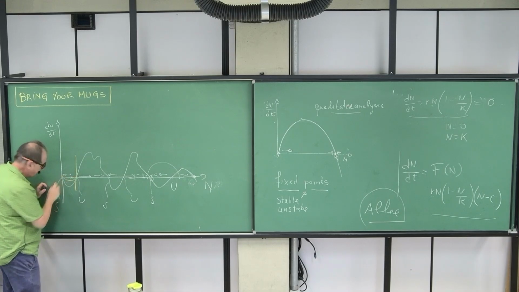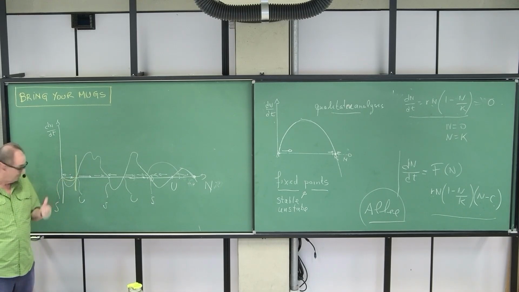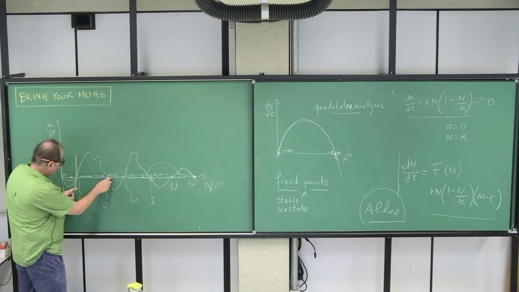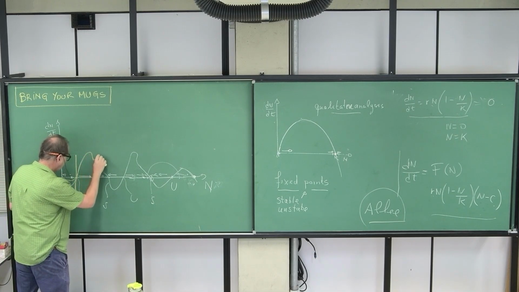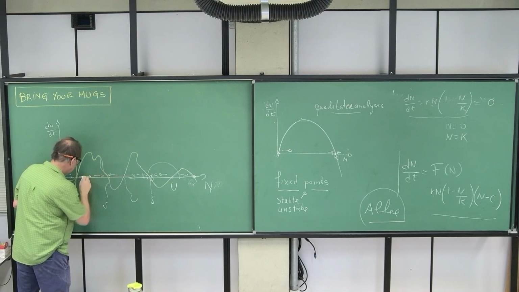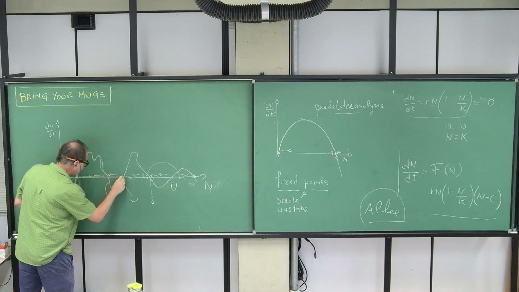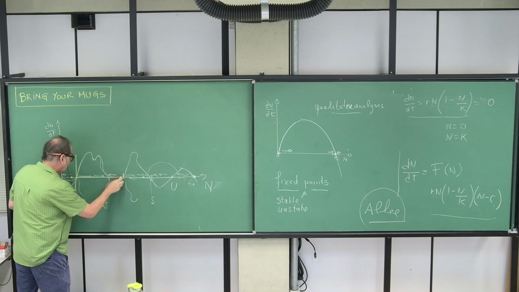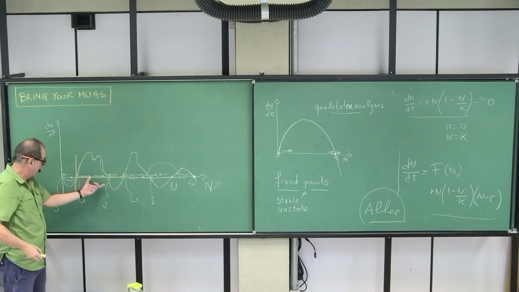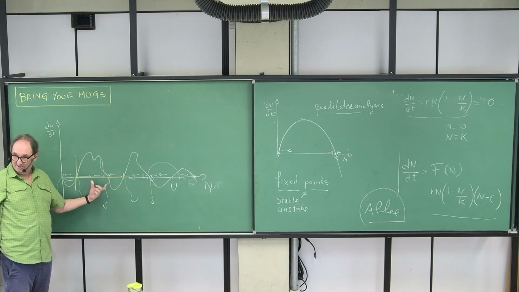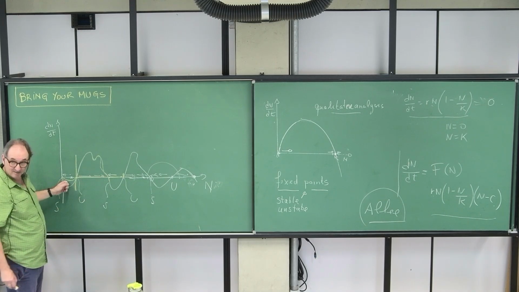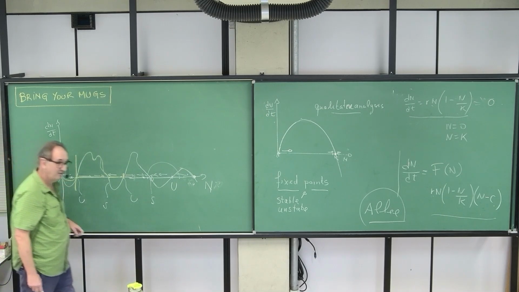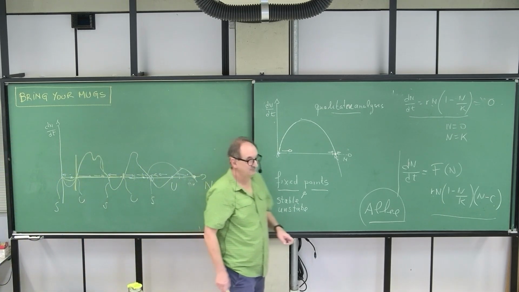And these points go to this one. So there is a larger region that is attracted to this point than the region of this one. So this has a name.